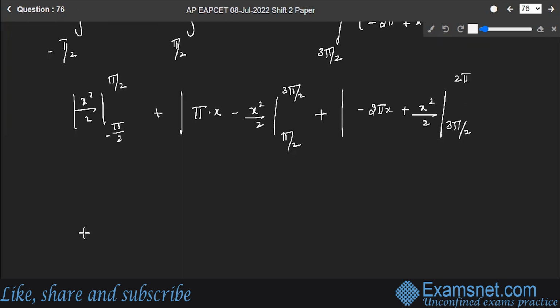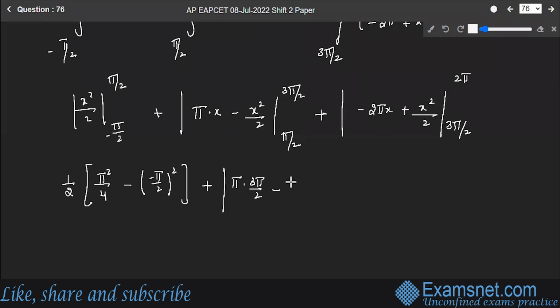So now let's put the limits. When you put in pi by 2 whole square upon 2, I'll take this one outside. So pi squared by 4 minus pi by 2 whole square, plus, let's put in the limits in this case. So you will have pi into 3 pi by 2 minus pi into pi by 2, right?